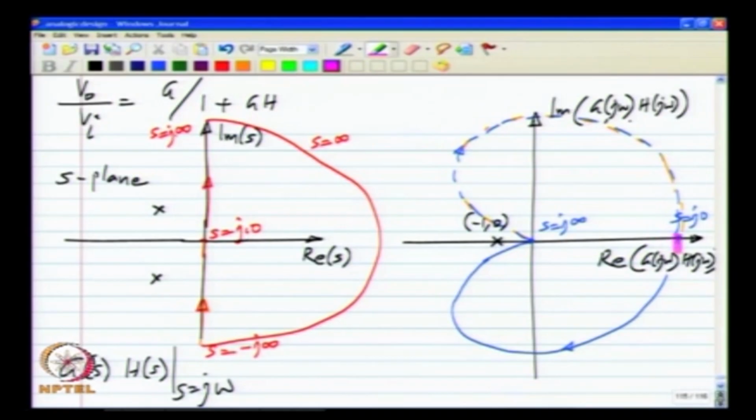That plot, the number of times it encloses minus 1 0 in the clockwise direction corresponds to the number of right half plane poles of G by 1 plus G H. Okay.